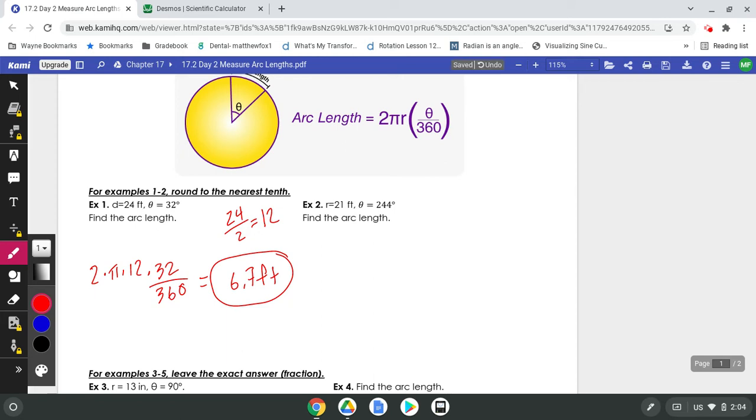On the next one, it'll be example 2 here. It'll be the same approach, except this time they give us the radius right there. So we don't need to divide by 2, just as is. 2 times pi times 21 times 244 over 360.